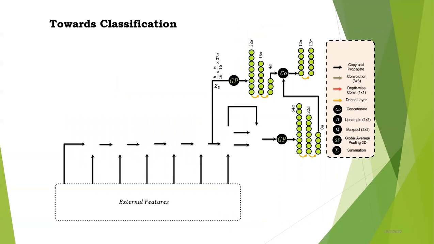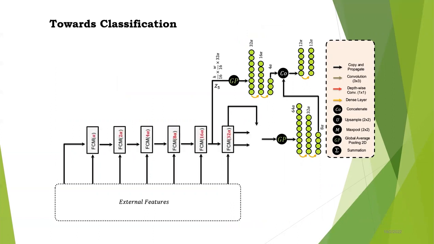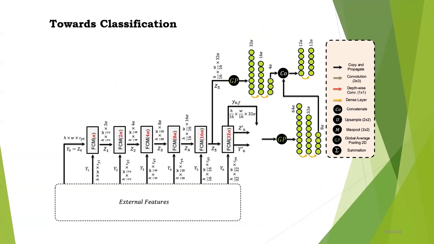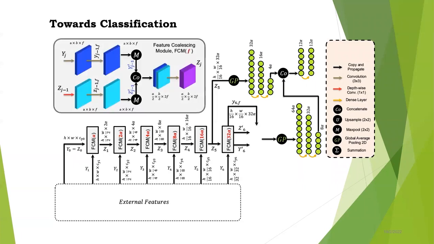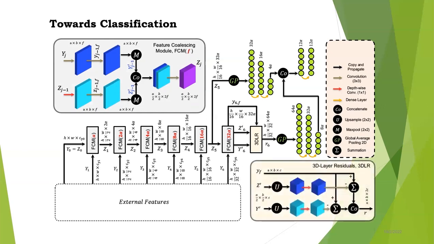Towards the classification side, we take the extracted features coming from the encoder and decoder and pass them through an FCM block, the sizes of which are shown here. The FCM block, or the feature coalescing module, is illustrated here with a parameter of f. The final outputs of the FCM32 alpha block are passed through the 3D LR, which is the 3D layer residuals, as shown here.